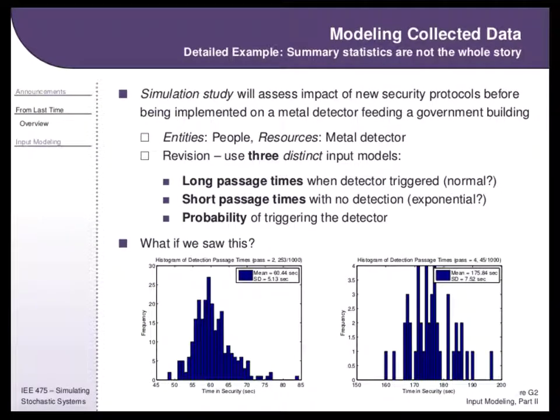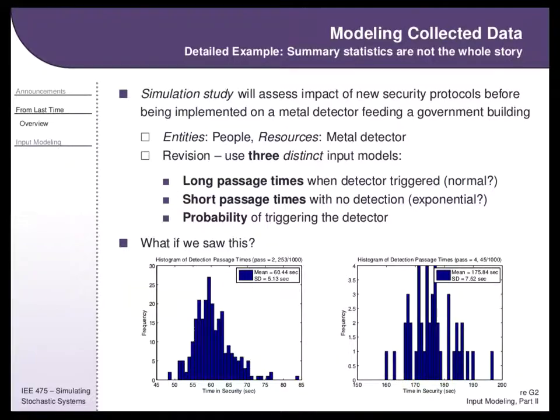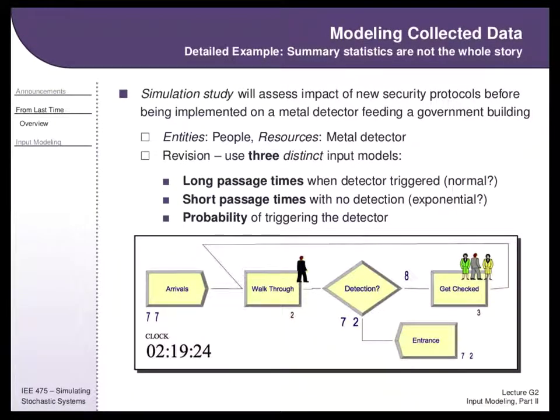One alternative way I could get something like that might just be, what if people run through the metal detector multiple times? If that's what's actually happening, then all I need is a get-checked distribution, which is sort of this normal distribution. And if it dominates this walkthrough distribution, then this could generate that same data.